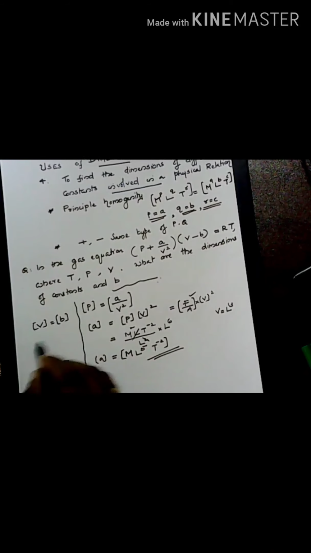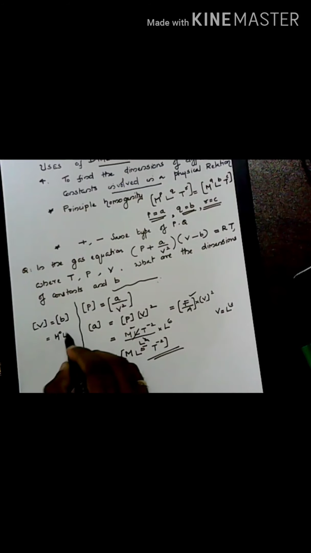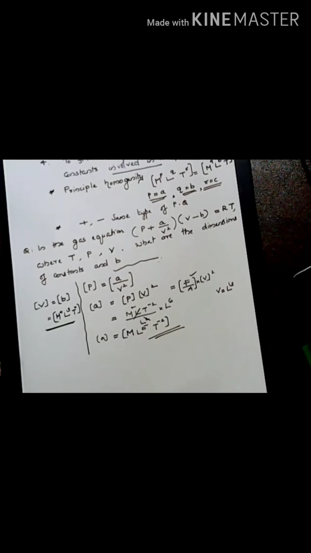So the dimension of B, take the value as m raised to 0, L raised to 3, T raised to 0. So we get the answer for the two questions.